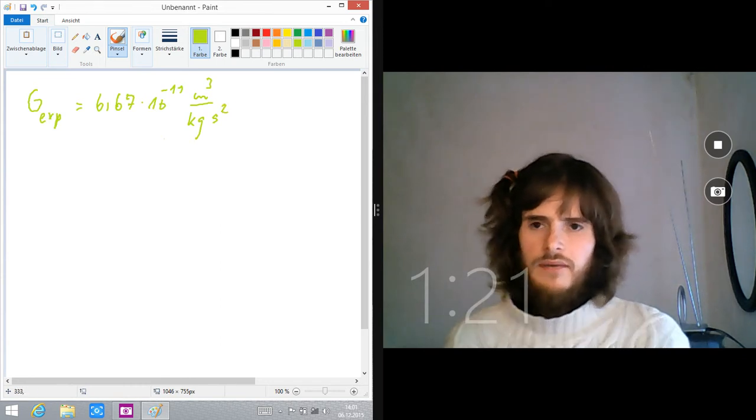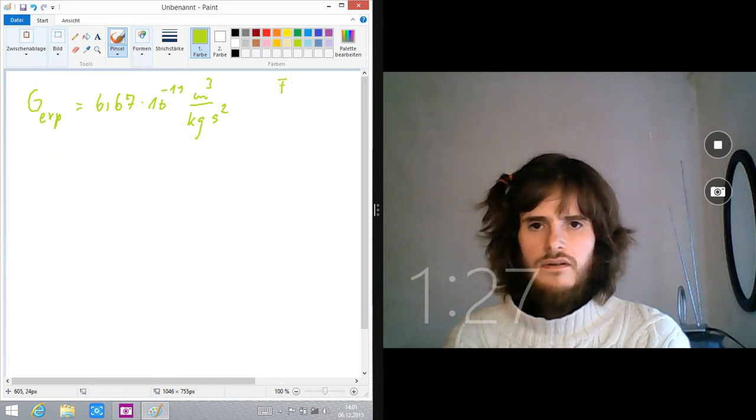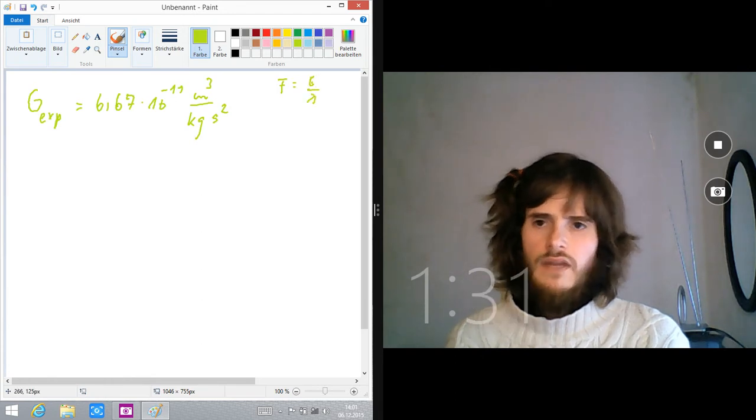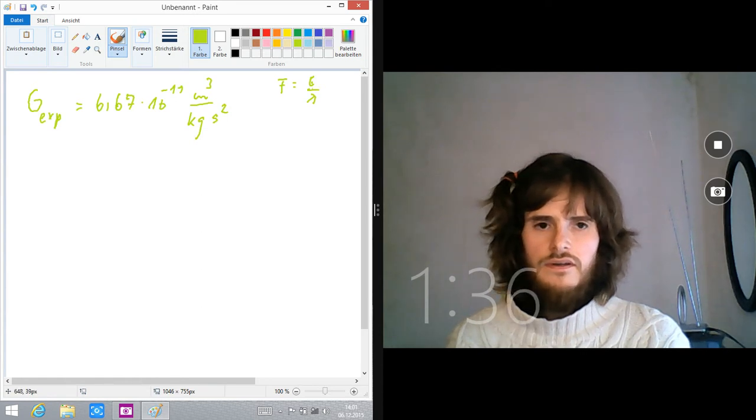In my time pressure theory, I have calculated with the formula of everything, F equals E by lambda, analytical nature constants for the gravitational ground structure.